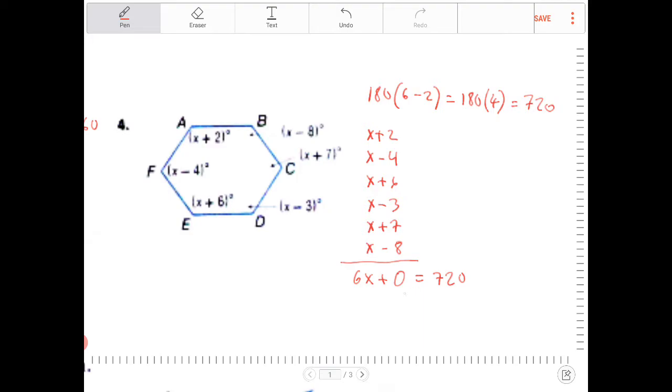Divide 6 from both sides. 720 divided by 6, that's 120. So x is 120.